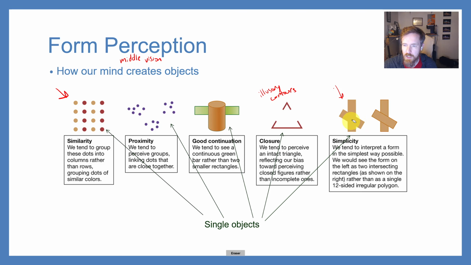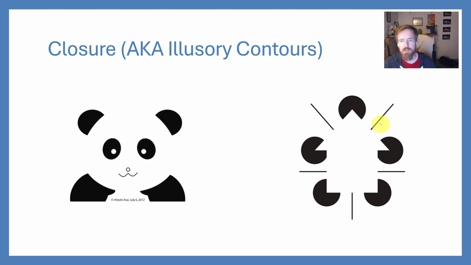But you won't tell me that it is 4 separate shapes, like one like this, one like this, and one like that, right? You wouldn't do that because you can tell, using the process of good continuation, that it's probably just 2 of those lines.